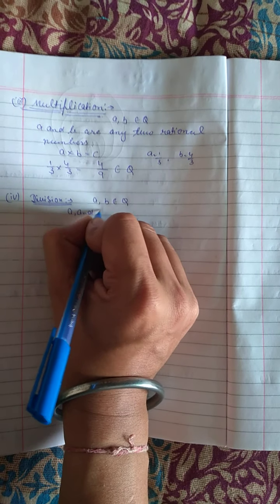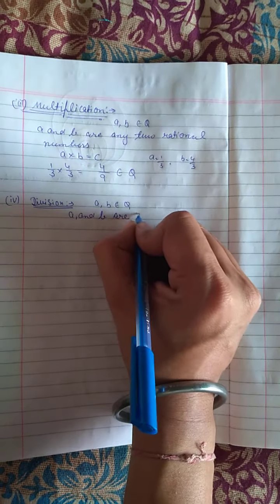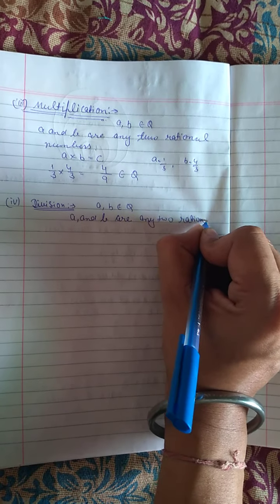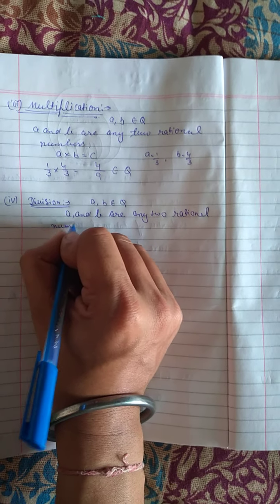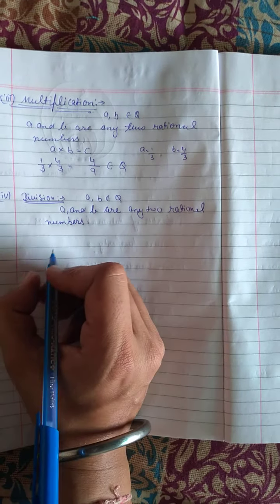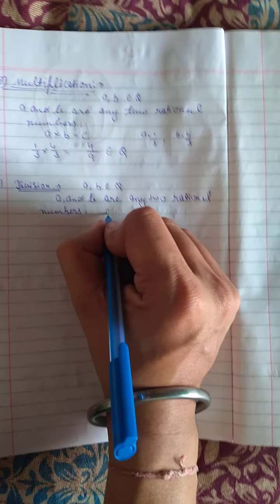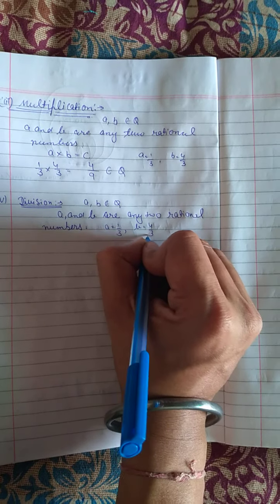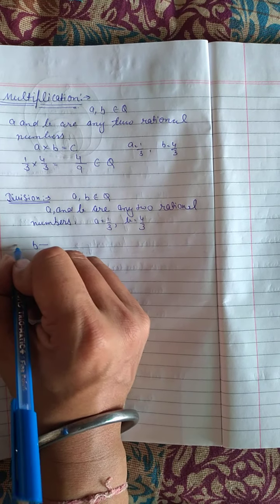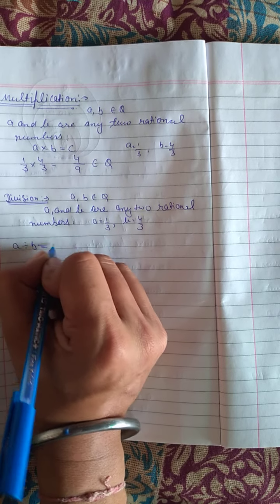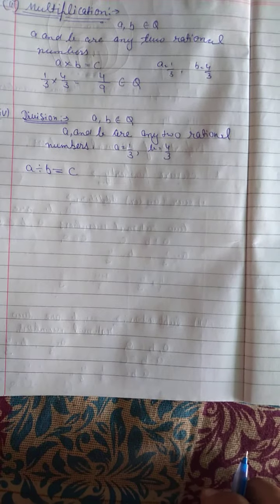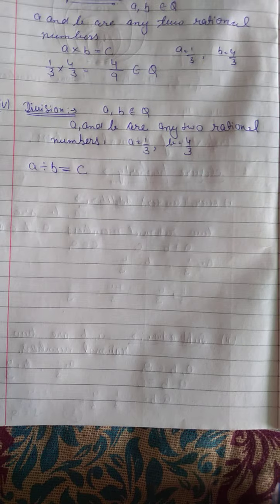Let's again take A 1 over 3, B 4 over 3. Now divide A by B. We get some result, call it C. In this property we check whether C belongs to the rational numbers or not.